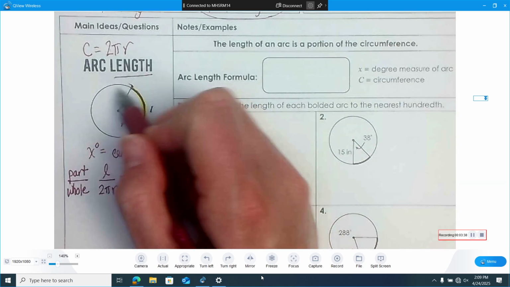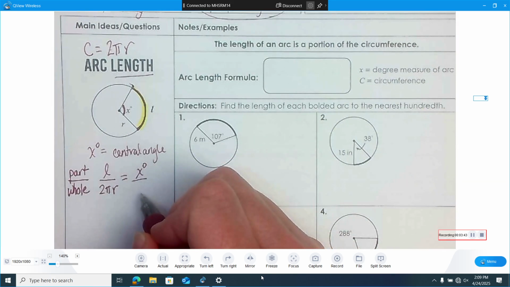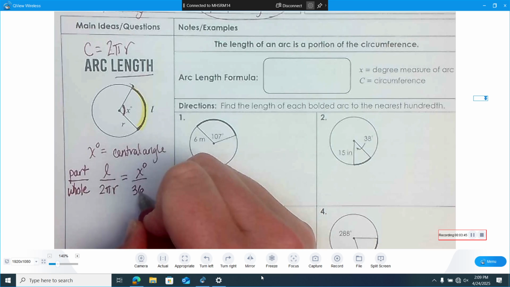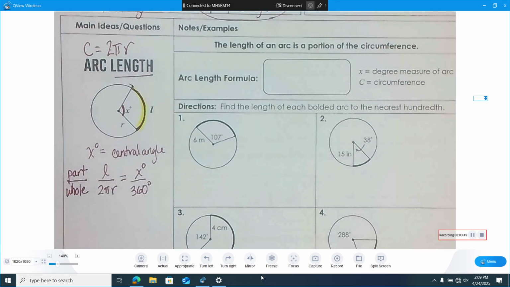How many total degrees in the whole circle? How many? 360, yes. So again, all we're doing is taking this little part to whole relationship, and we can do this with a bunch of different things in math. So I have part of the circumference compared to the whole circumference, and I have part of the angle measure to the whole angle measures in a circle, okay?